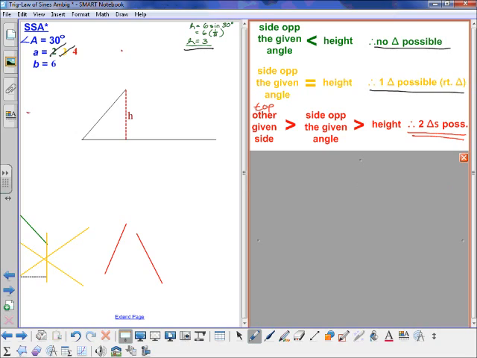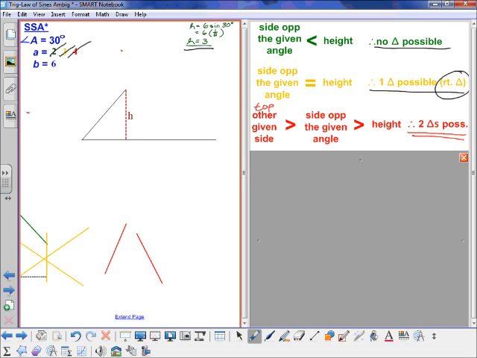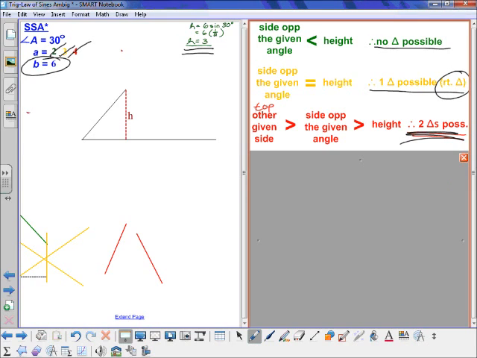Okay, 1 triangle possible, and it's a right triangle. Semi-good case. Then we just finished 4, where that's bigger than the height, but less than this top side. Okay, then there's 2 triangles possible. Okay, got to stop and slow down and do a little bit more work.